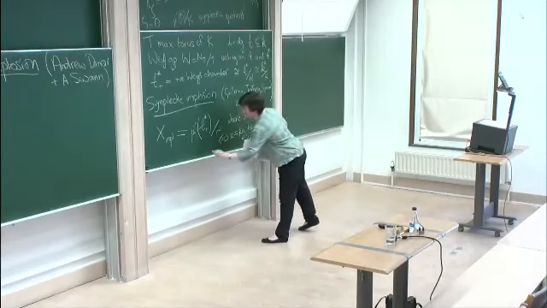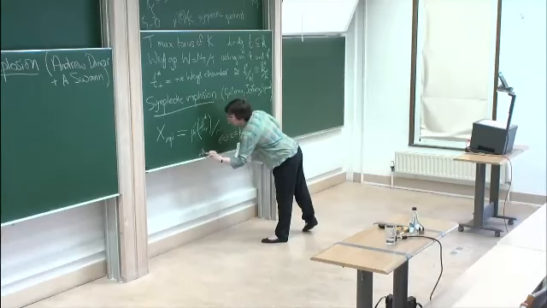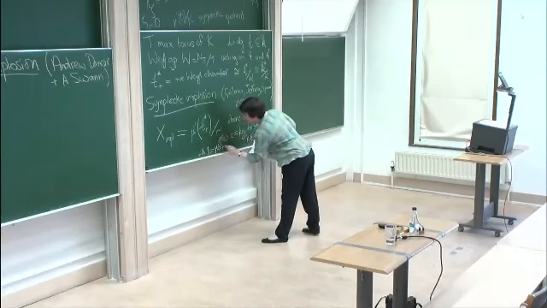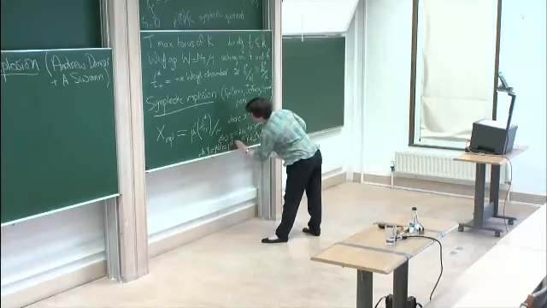So this is with zeta equals mu of x and mu of y.